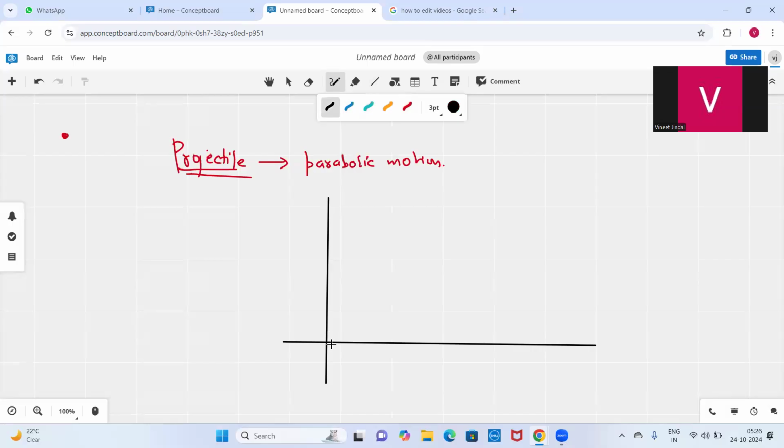So, suppose this is a horizontal axis and this is a vertical axis. A body is being projected with a velocity u with angle of inclination theta. So the body will go like an inverted parabola, like this.